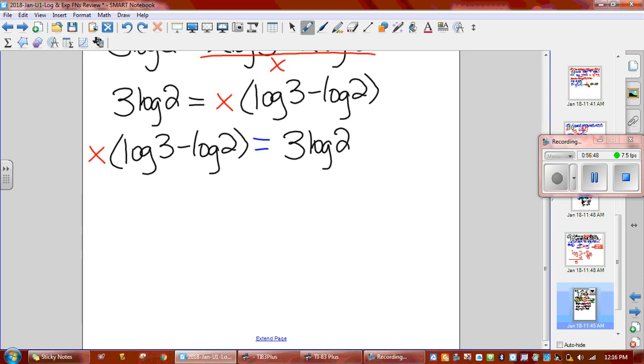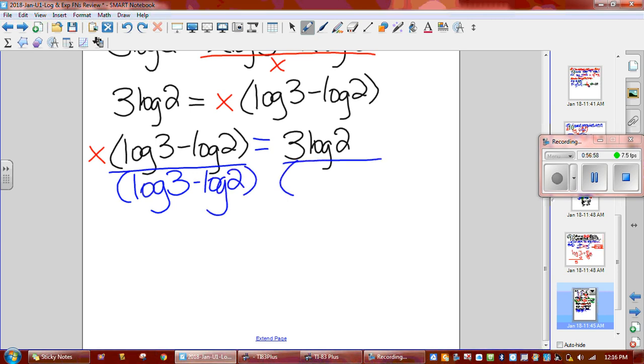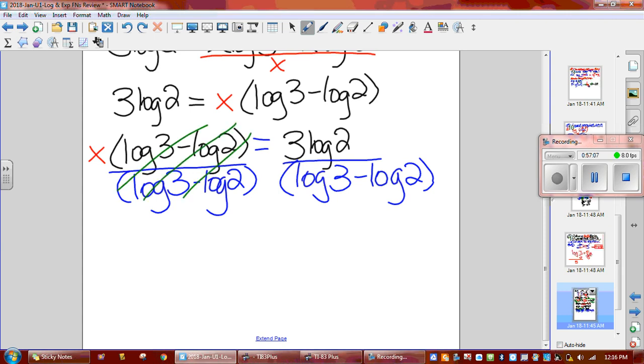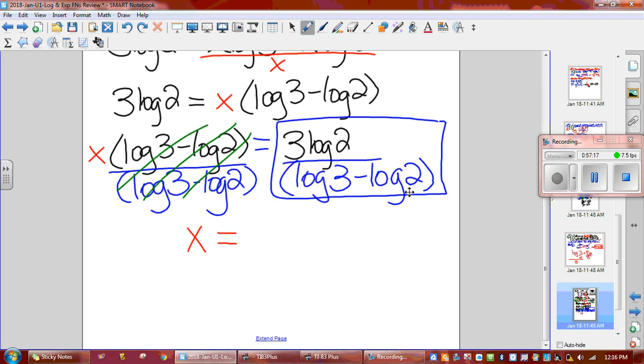So now we're going to divide out what's sitting beside x. We're going to divide out log 3 minus log 2 to both sides. So log 3 minus log 2, and on the right-hand side, log 3 minus log 2. Now there's different variations. We would cancel the left-hand side out. We get x equals the expression we have on the right. Now, this is one possible answer. There's a couple different possible answers. How come? Because we can use our log laws. We could put that 3 on as an exponent.